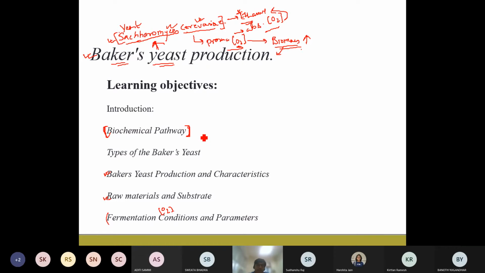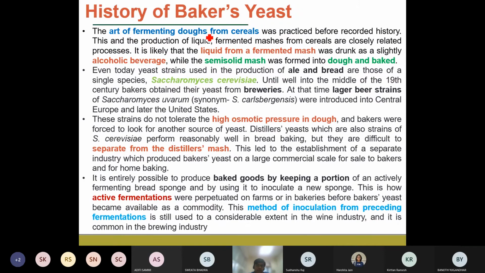Before we start the technical discussion on baker's yeast, let us look into a brief historical perspective. The use of this type of yeast in bakery products and doughs has been in practice for quite long, from prehistoric times.